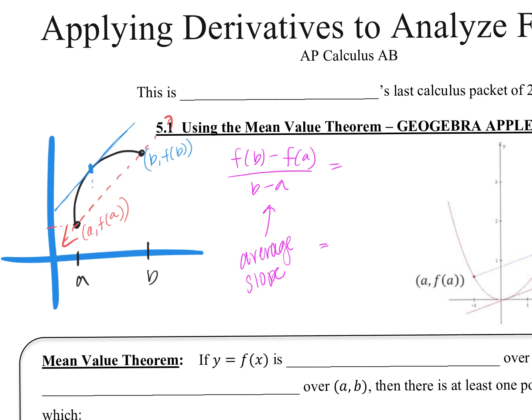I'm going to name that x-coordinate C. There's going to be some tangent line that has the same slope as that average value. And how I'd say that is that's going to equal f prime at some c value, my derivative at some new x-coordinate c.